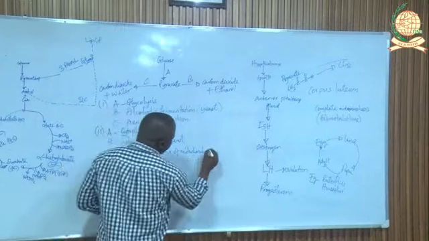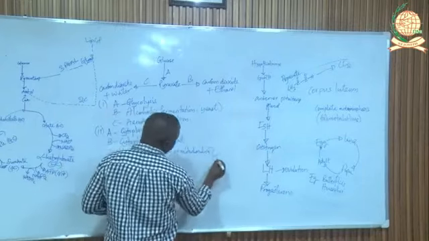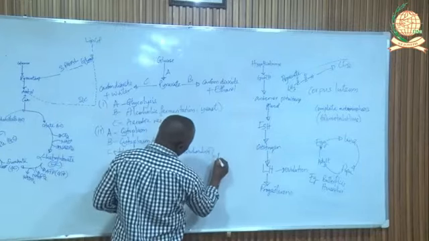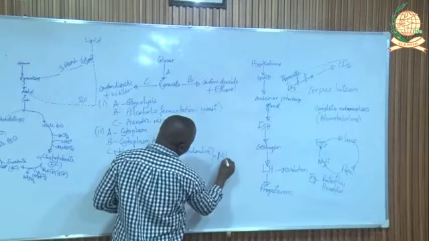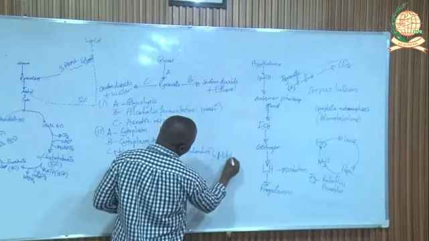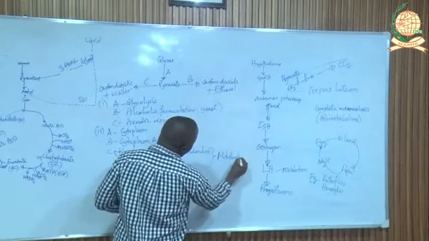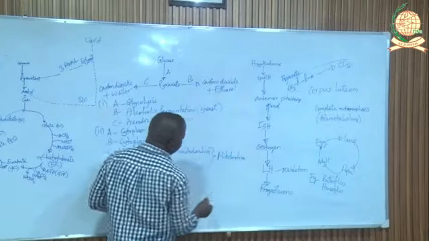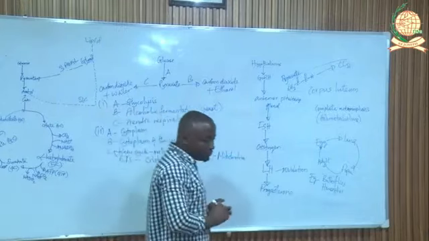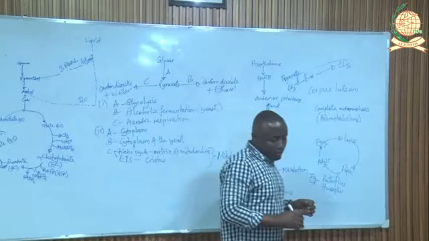Therefore, generally, C occurs in the mitochondria.